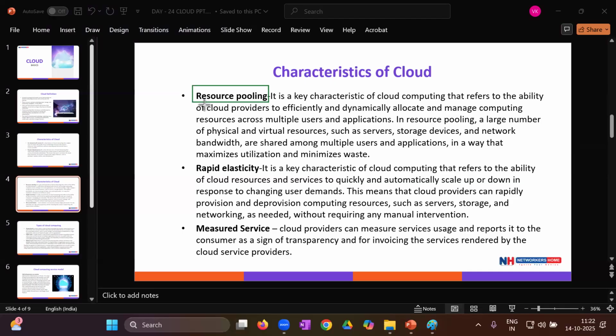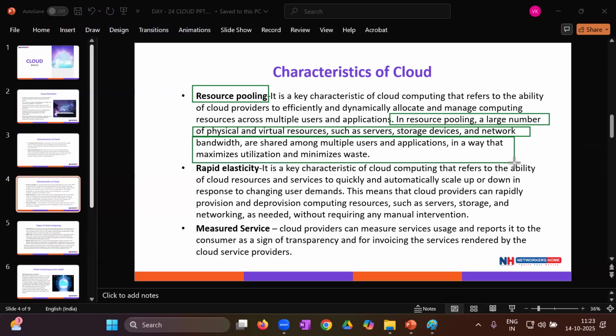That's why resource pooling is there. So in resource pooling, a large number of physical and virtual resources such as servers, storage devices, and network bandwidth are shared among multiple users and applications in a way that maximizes utilization and minimizes wastage. Right? So it provides you resource pooling.